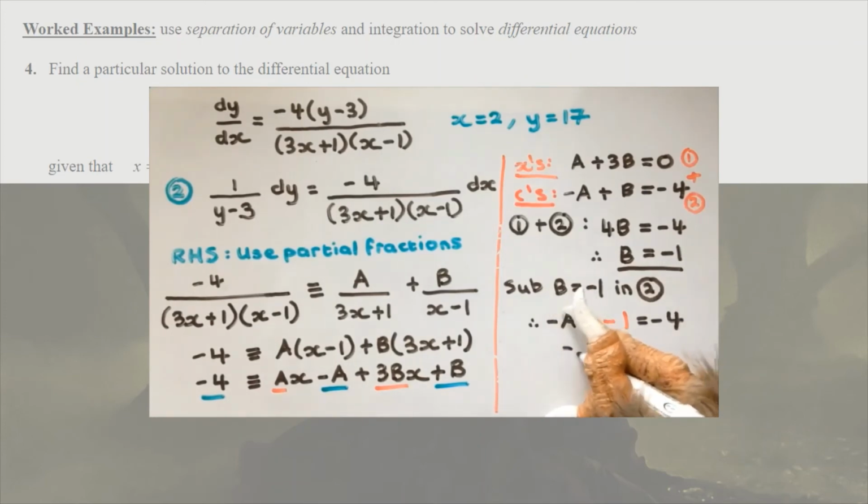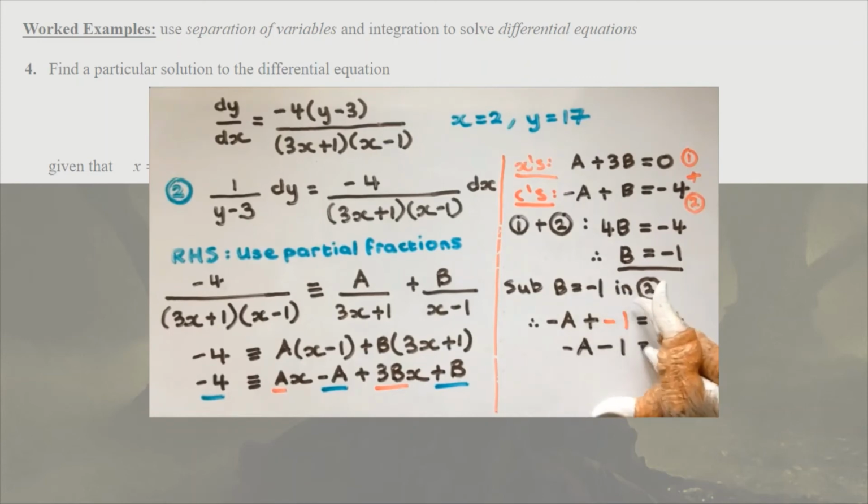So -a, subtract 1 equals -4, add 1 to both sides, so -a is equal to -3, so therefore a equals 3. Great, so we've got the constants.